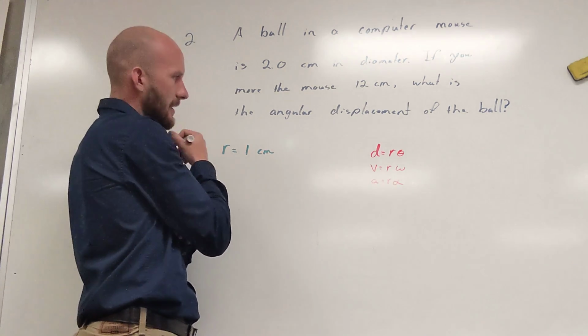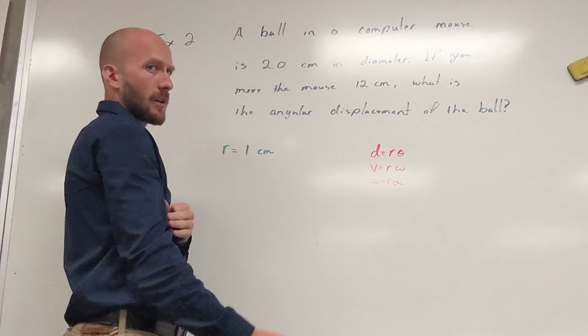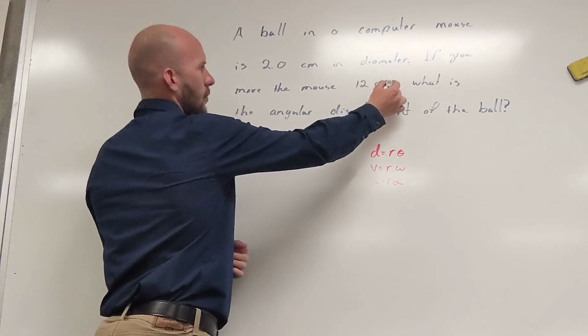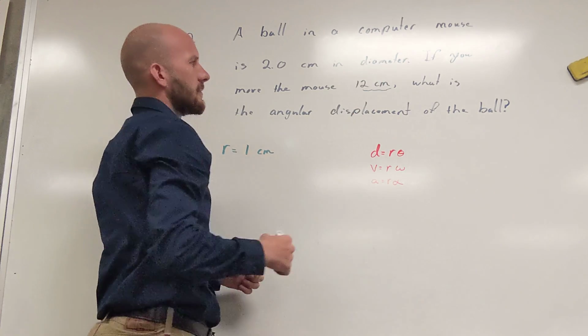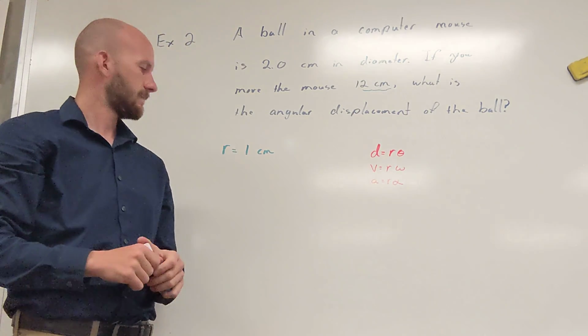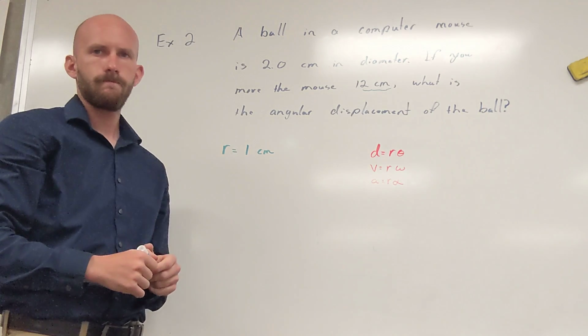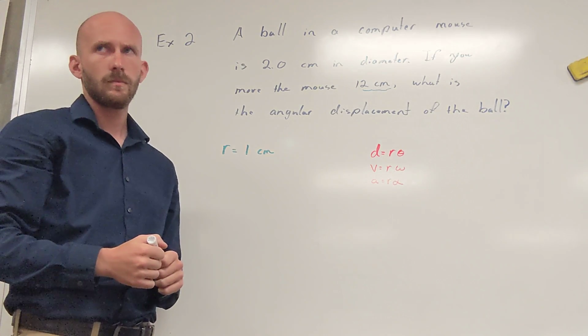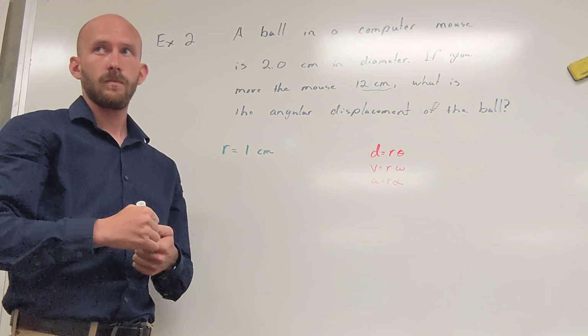So we're trying to find the angular displacement, which is going to be theta. That's going to be an angle. What is this 12 centimeters? How far it went around the circle?